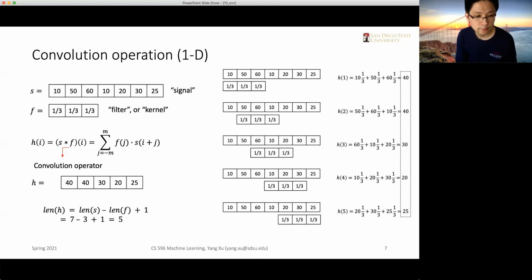If you look at the length of the output, it's determined by a simple arithmetic principle: the length of the signal, which is our input, minus the length of the filter, plus 1. That'll be 7 minus 3 plus 1, which is 5.